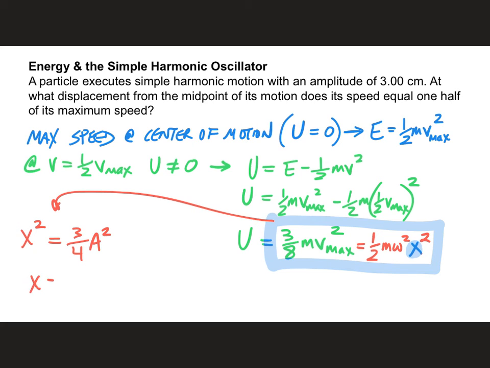Anyways, this means that x is going to be plus or minus √3/2 A, which means it's plus or minus 2.6 centimeters. Which is a reasonable answer given that it's less than the 3 centimeters. It needed to be less than the 3 centimeters. Okay? If it had been more than 3 centimeters, we would have a problem, since that was our max amplitude.